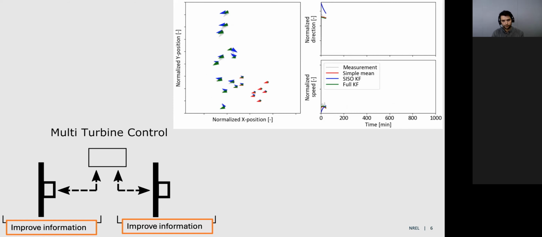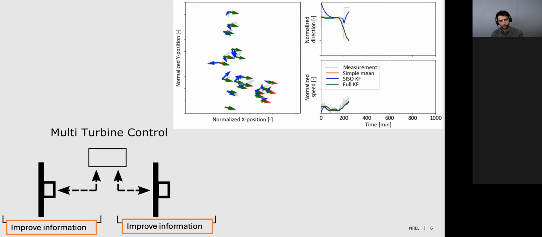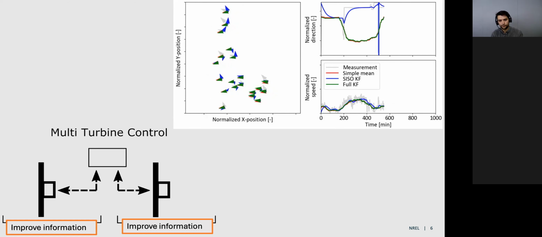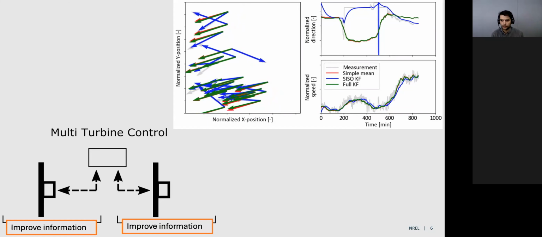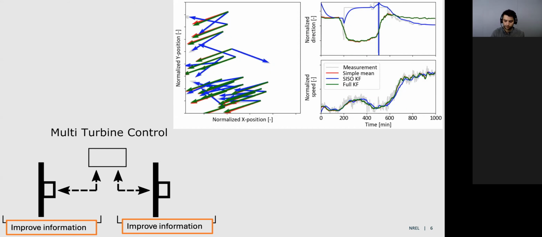But if you share information between the turbines and use it cleverly to give them better information about what the wind direction is, you can get much more cohesive behavior from the wind turbines in the wind farm, so that they more smoothly move to face the wind and do a better job of maintaining good operation.